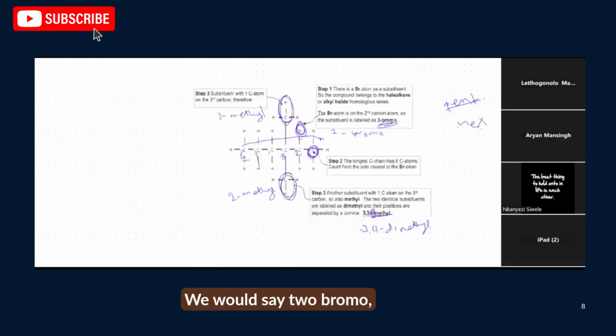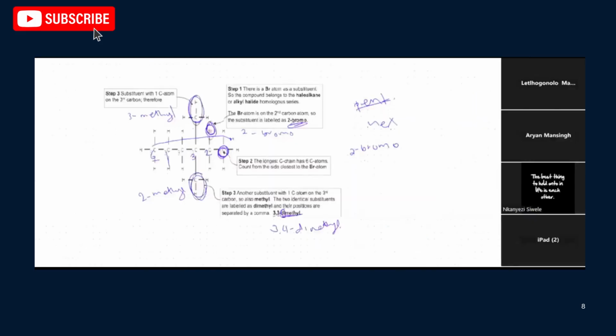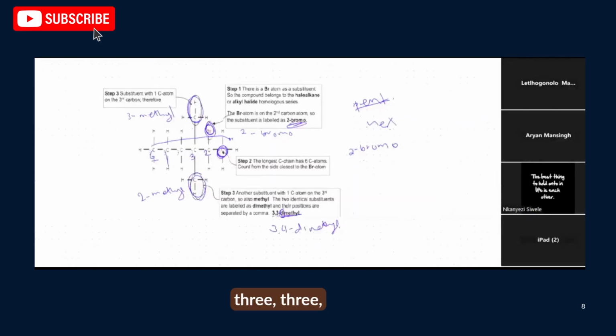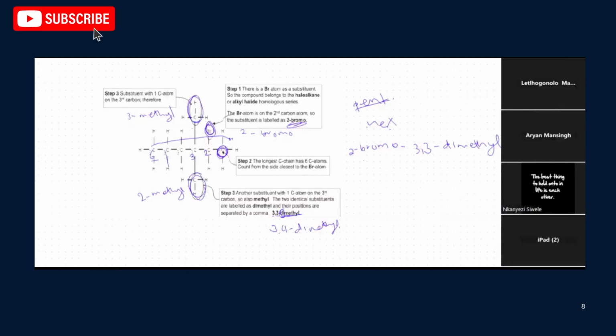We would say 2-bromo, 3,3-dimethyl, hexane. It's single bonds everywhere, so the suffix is going to be -ane.